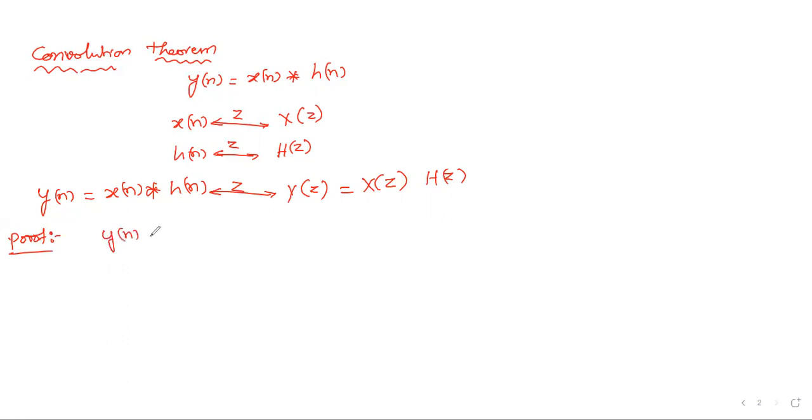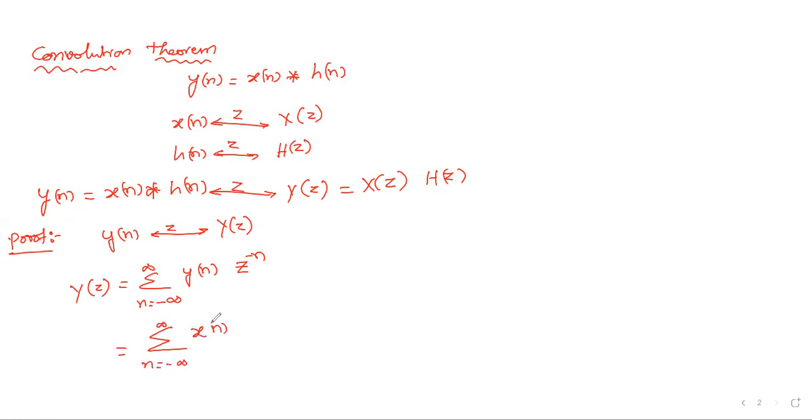Y of n z transform is Y of z. Y of z is equal to summation n equal to minus infinity to infinity y of n z power minus n. What is y of n? X of n convolution h of n. So summation n equal to minus infinity to infinity, x of n convolution h of n whole into z power minus n.